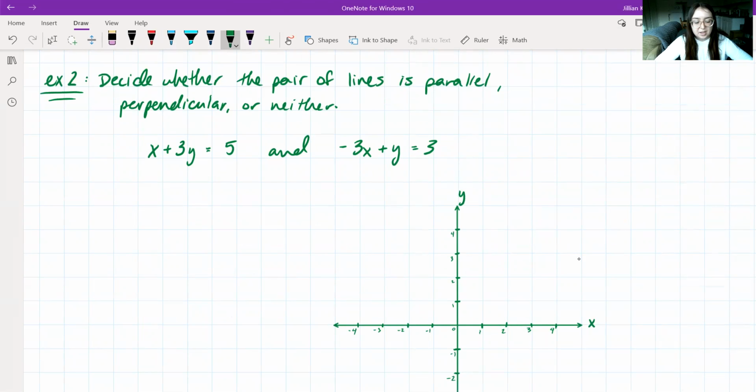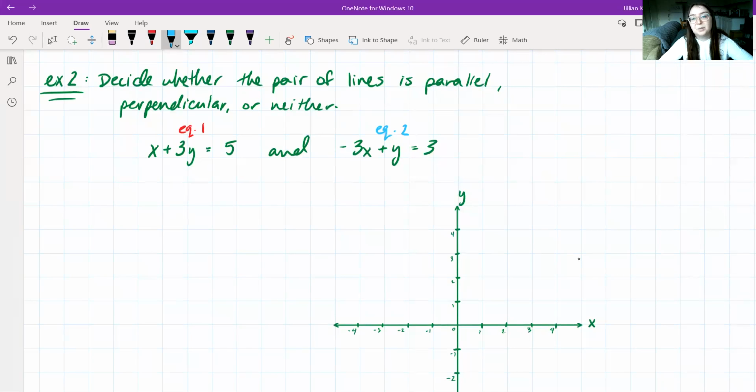Example 2. We're going to decide whether the pair of lines is parallel, perpendicular, or neither. So we have two equations here. We're going to say x plus 3y is equal to 5, this is going to be equation 1, and -3x plus y is equal to 3 is going to be equation 2.